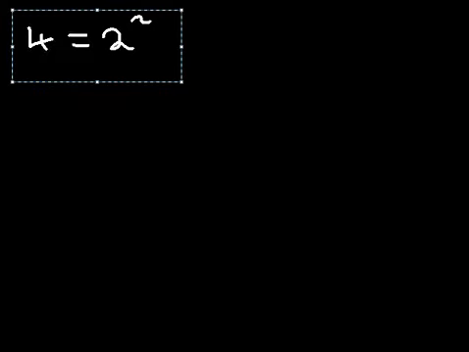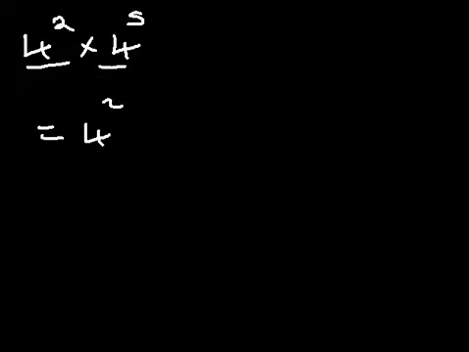So let's see how we can apply the laws of indices in some typical problems. Let's say we have 4 to the power 2 times 4 to the power 5. Now we have two exponential expressions that are multiplying, and the bases are the same. It means this is the same as 4 to the power 2 plus 5.